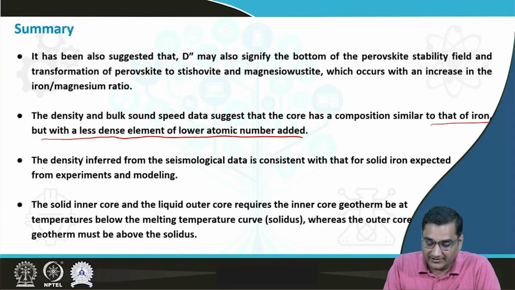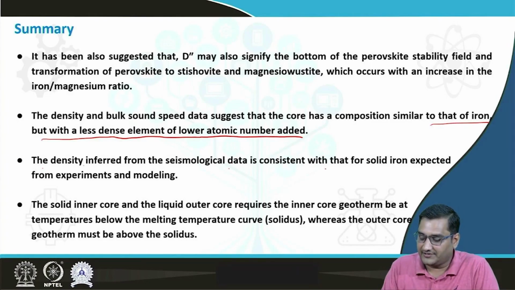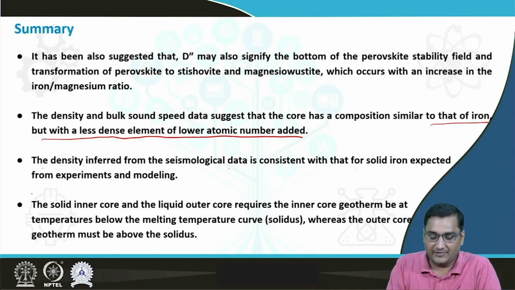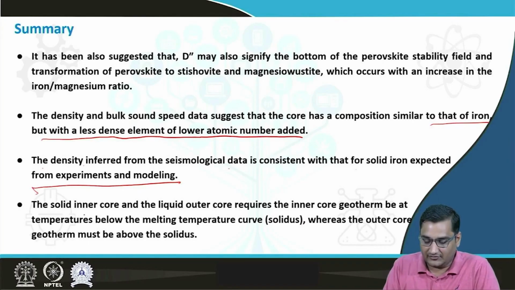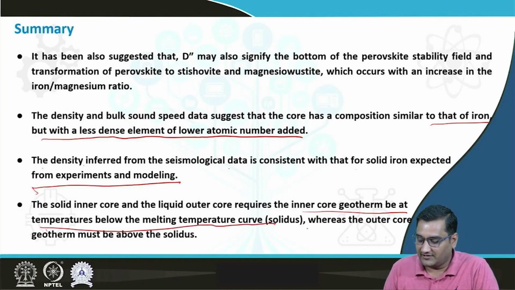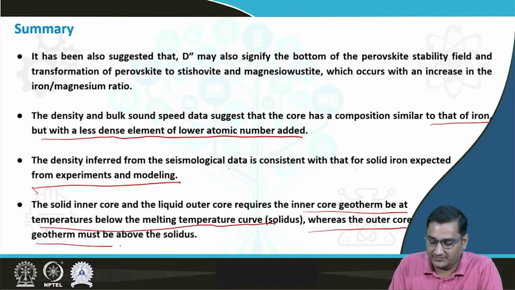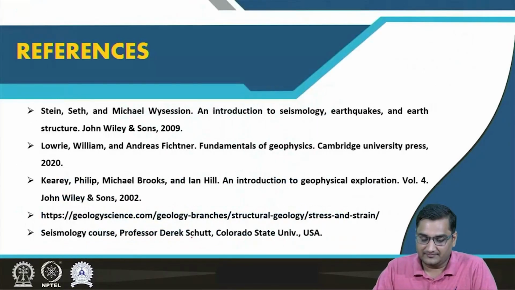The density inferred from the seismological data is consistent with that for solid iron expected from experiments and modeling. The solid inner core and the liquid outer core require the inner core geotherm to be at a temperature below the melting temperature curve, that is the solidus, whereas the outer core geotherm must be above the solidus.